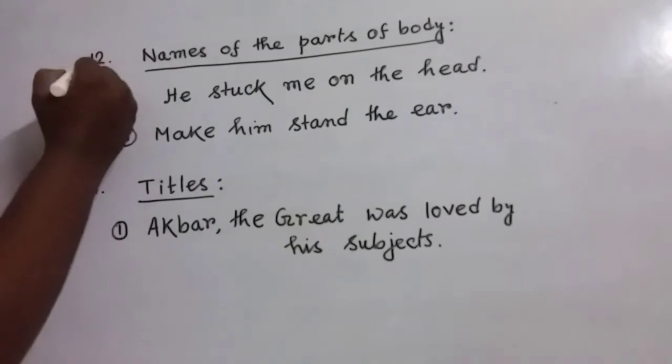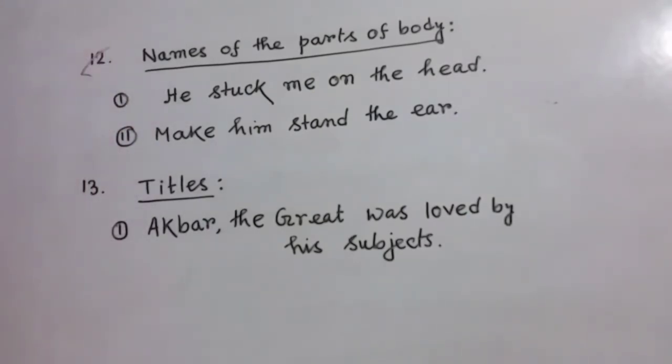Now my dear friends, let's look at this part. Before the names of the parts of the body, that means before the names of body parts, we have to use the. But my dear friends, here one thing we always have to remember: we can use the term the before the body part in place of a possessive adjective.